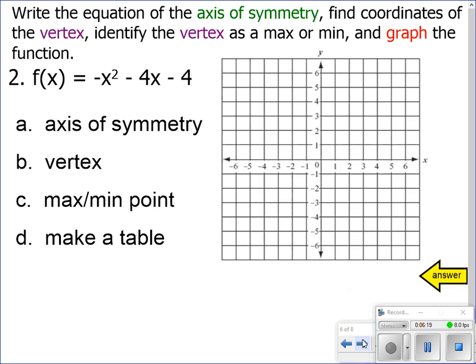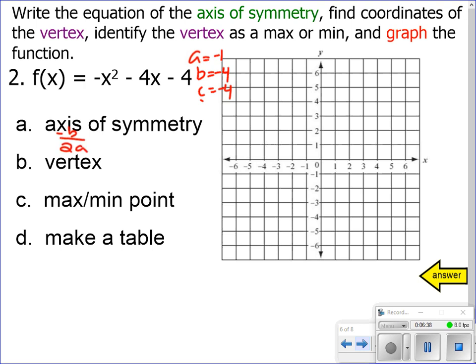Looking at this next example, we have negative x squared minus 4x minus 4. A is negative 1. B is negative 4. C is negative 4. If I'm using my axis of symmetry equation, that's negative b over 2a.